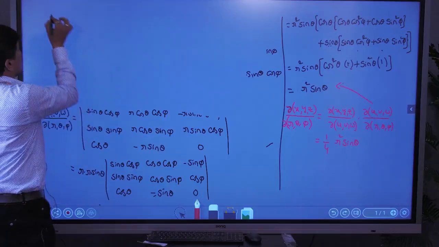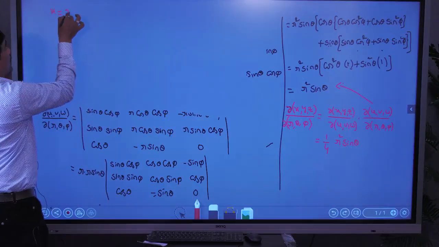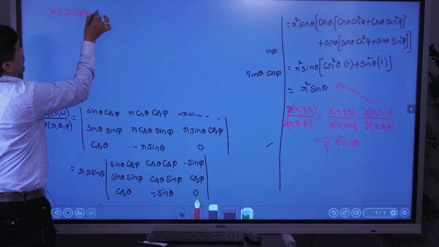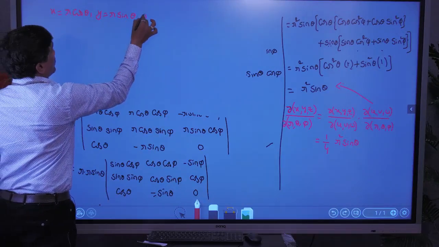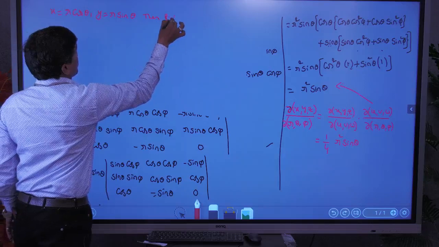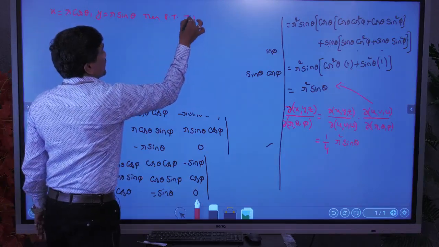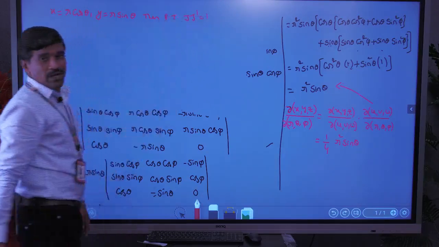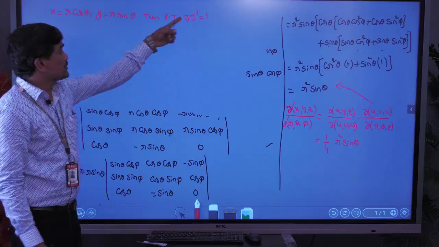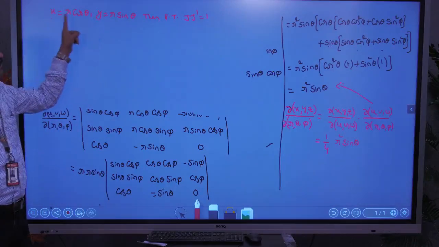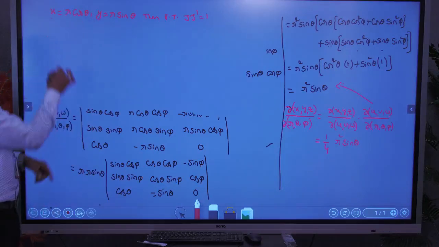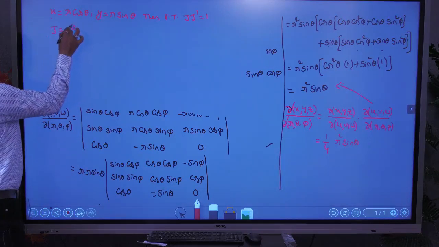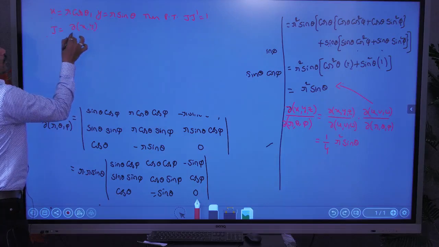Similarly, x is equal to r cos theta, y is equal to r sin theta, then prove that J dash is equal to 1. So what is J dash? J is the Jacobian of x, y with respect to r, theta, that is dou xy by dou r theta.